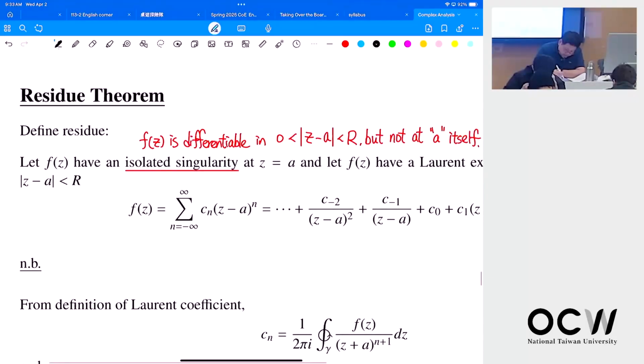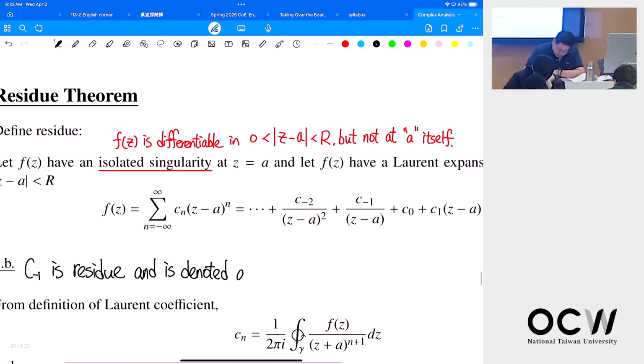So c inverse 1 is the residue. And this is denoted, we will write the residue of the function at a.